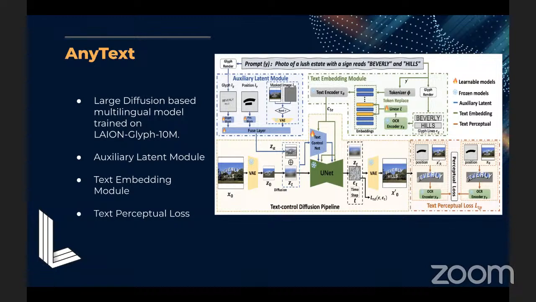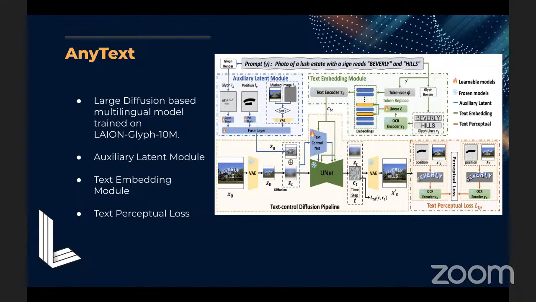Those three parts are the auxiliary latent module, the text embedding module, and the text perceptual loss. If you look at the top, there's a prompt that says photo of a lush estate with a sign that reads Beverly Hills. Now, this prompt is fed through both the auxiliary latent module and the text embedding module.